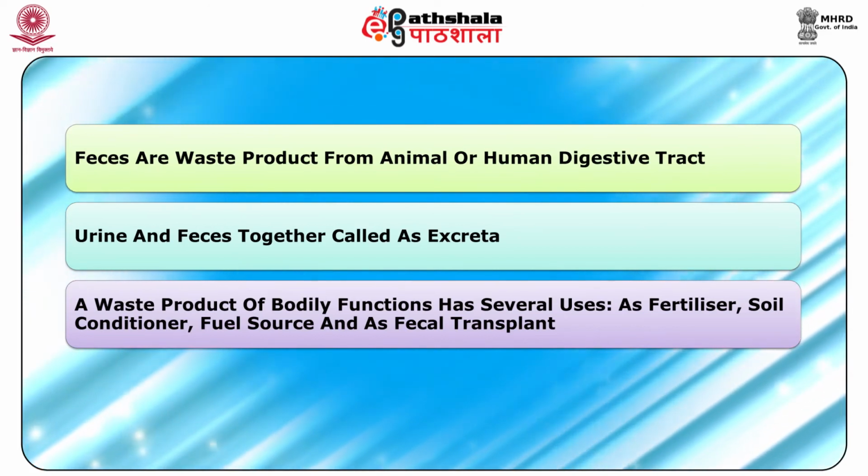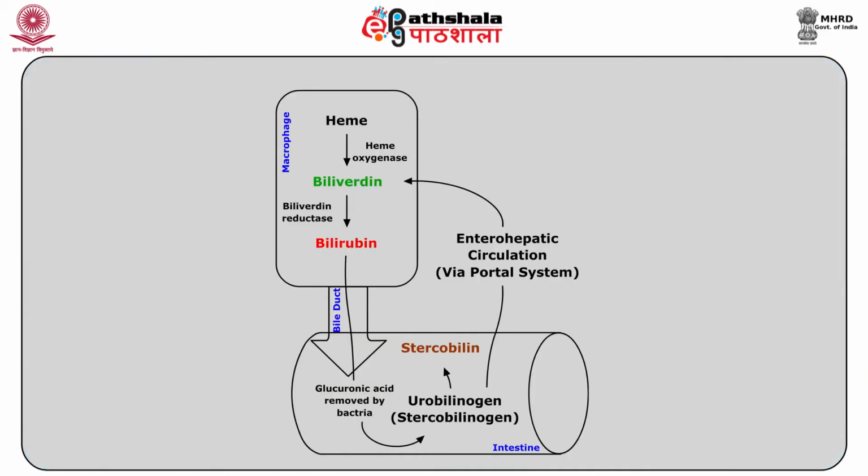In the case of human feces, during heme catabolism, a waste product called bilirubin is produced. Bilirubin is excreted in feces, which gives it its brown color. Gut bacteria break down some of the bilirubin to urobilinogen, which is also excreted in feces.